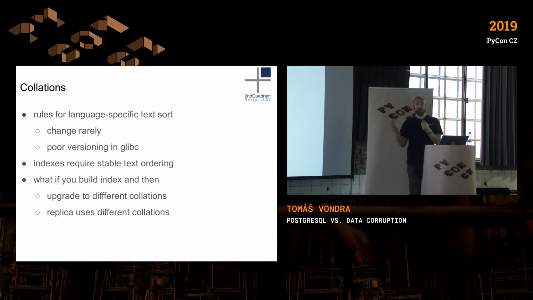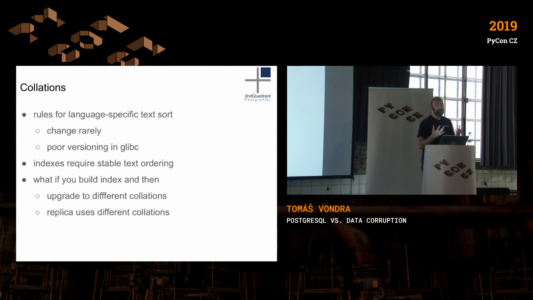And when this ordering changes, the index is suddenly invalid, right? So where does Postgres actually get those rules? Well, historically, Postgres was using the version provided by glibc, at least on Linux. Other operating systems have similar libraries.